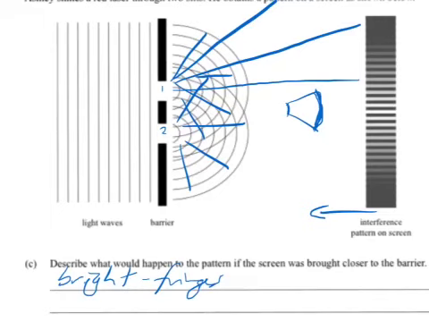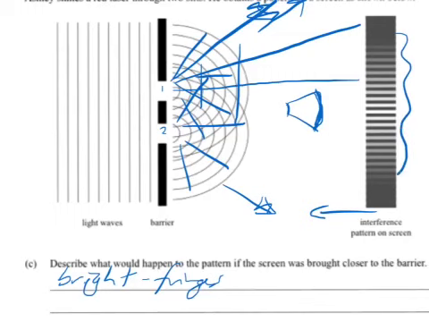That would also result in probably fewer fringes being shown, because as you can see, as you move closer, you might lose some of these ones out the side that are heading way off over here, and this likewise heading way off over here. So as the screen comes closer, you get fewer and fewer of these fringes appearing. So the fringes will be brighter.